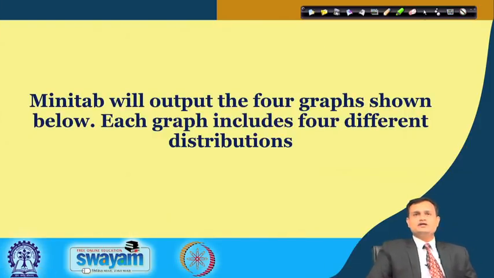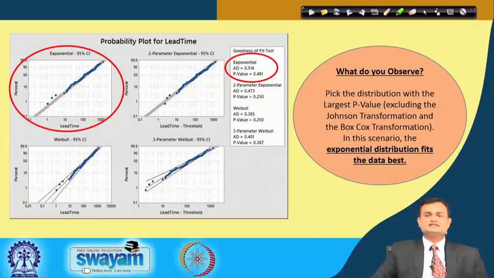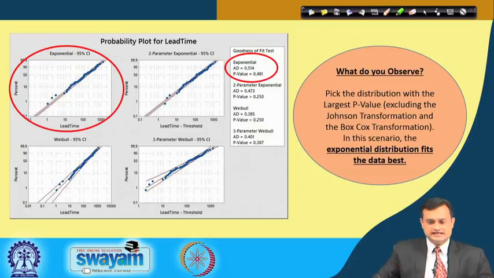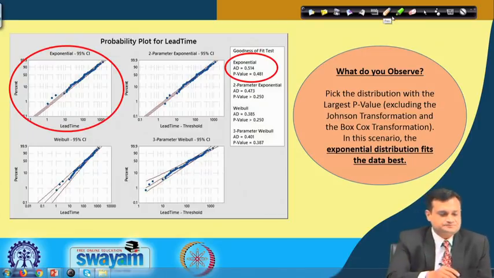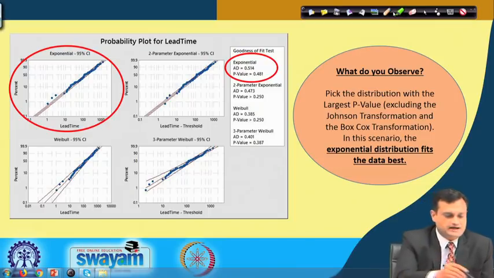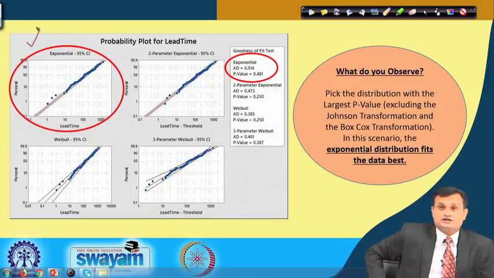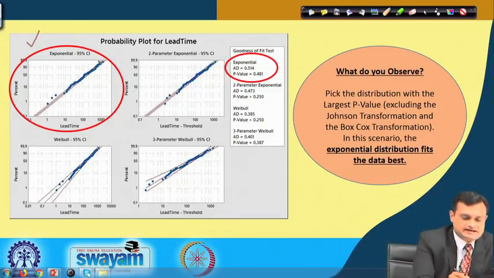Minitab will give the output of 4 graphs, typically as shown in this slide, and what you can see here is that on my probability plot, the data best fits the exponential.